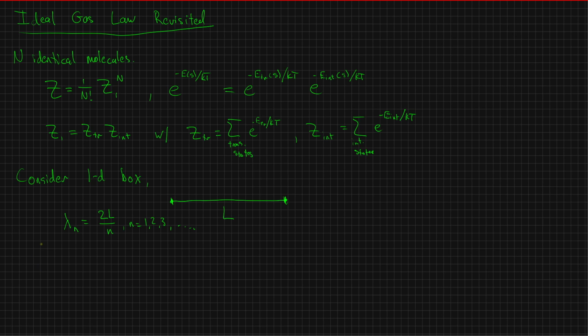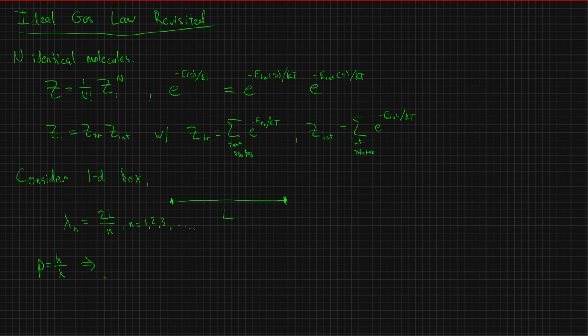Now, I guess here's where the quantum part comes in. If we take the de Broglie relation, which tells us how to calculate the momentum of a particle, or technically, I guess it's more for calculating the wavelength of a particle, but we're going to use it for calculating the momentum right now. If we know the wavelength, we can calculate the momentum by taking h over lambda, right?